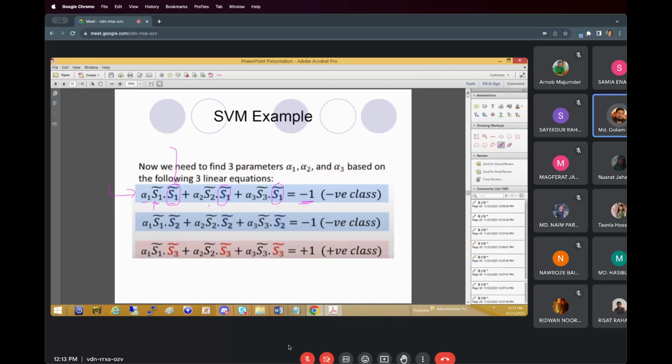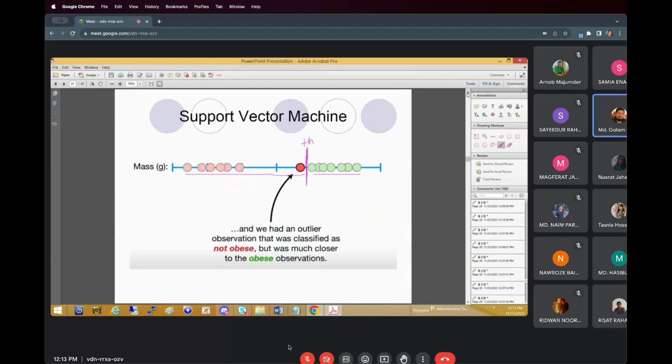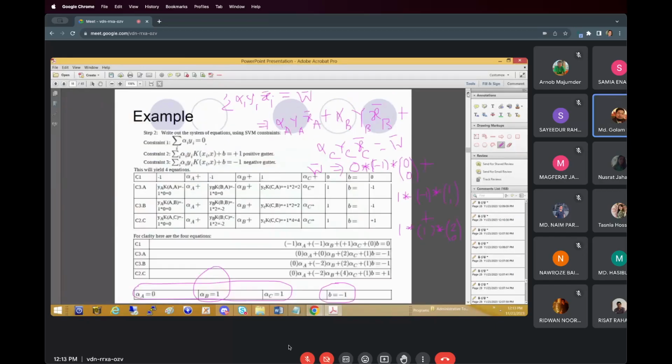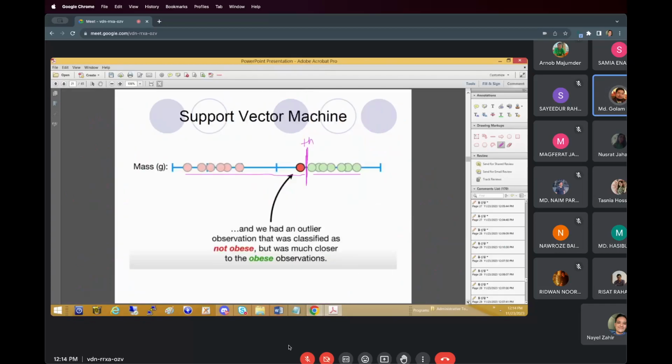If we remember the equation we discussed, here is our K(A,A). What is it? It is support vector A and support vector A multiplied together, and then here is the alpha A. The same equation, the same thing we are doing here.